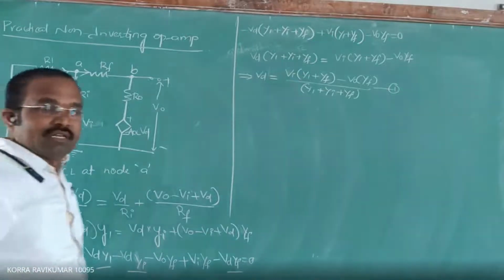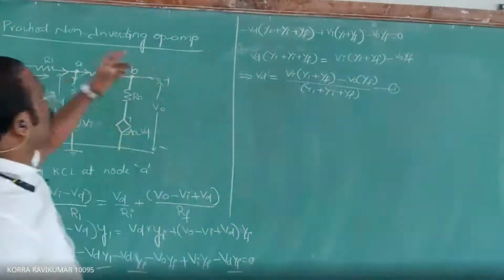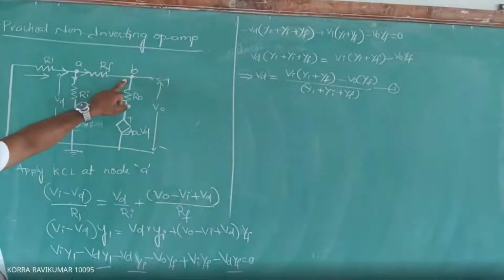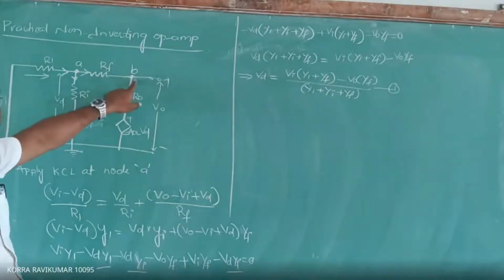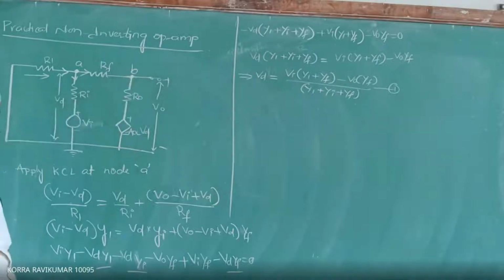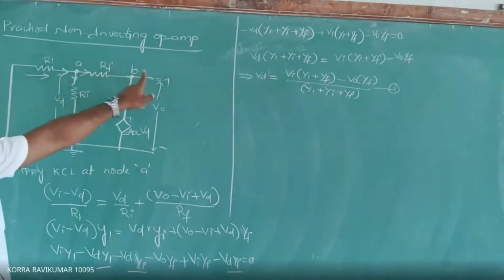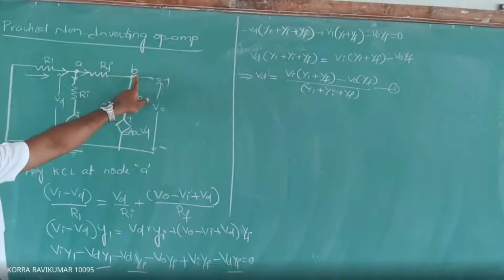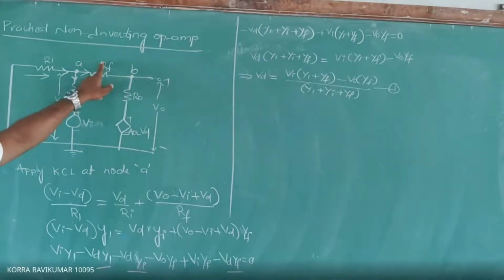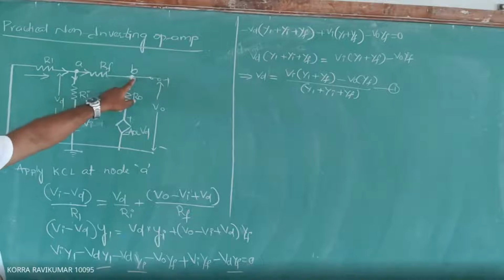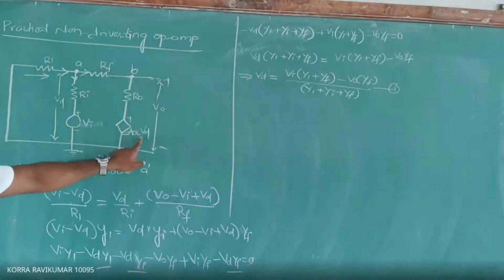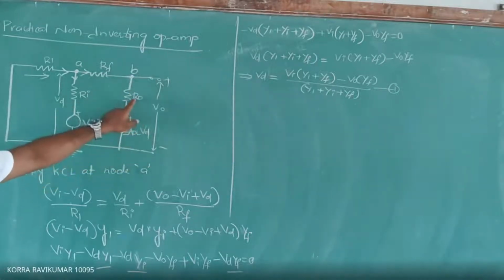Now, let us apply nodal analysis here. See here, KCL at node B. Apply the same concept of KCL at node B. Then the expression becomes: Vi minus Vd minus V naught divided by Rf, which is equal to V naught minus AOL into Vd by R naught.